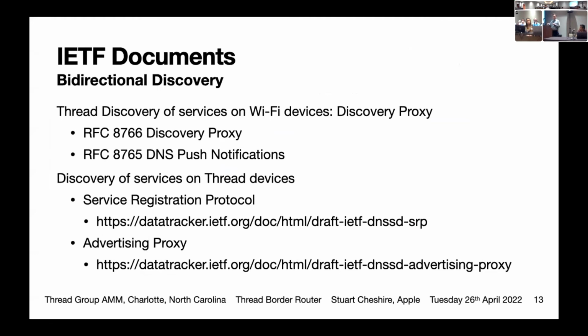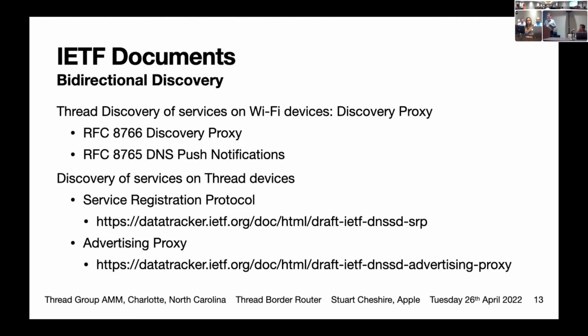Bit of background for people who have been involved in the technical committee and want to learn a bit: we are using existing building blocks and specifying how they should be used. So I don't need to read out all the words here. We have RFCs for discovery proxy.